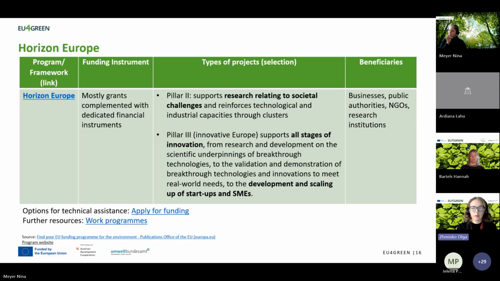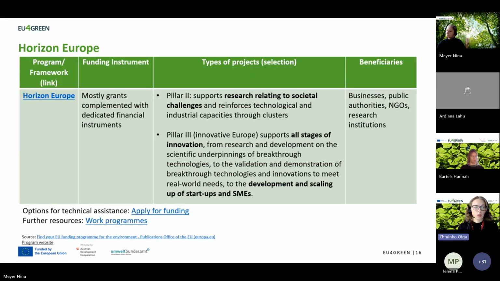To go a little bit more into details of the two mentioned programs, Horizon Europe and LIFE. Horizon Europe provides mostly grants complemented with dedicated financial instruments. The applicants can be from the business environment, public authorities, NGOs, and research institutions. Pillar 3 specifically is relevant for circular economy because it supports all stages of innovation.